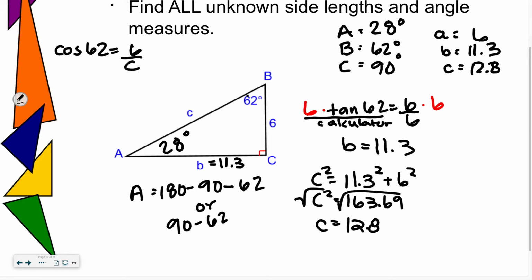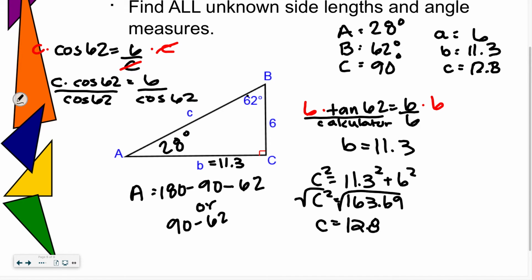So I would multiply by C on both sides. But then I'll have C times the cosine of 62 equals 6. Now I divide both sides by cosine 62. You may also have been taught to cross multiply right there. But either way, you're going to end up doing 6 divided by cosine 62. And I get 12.8.